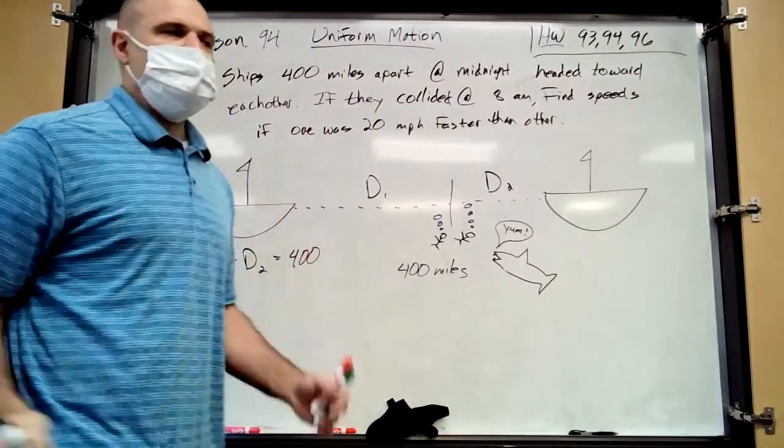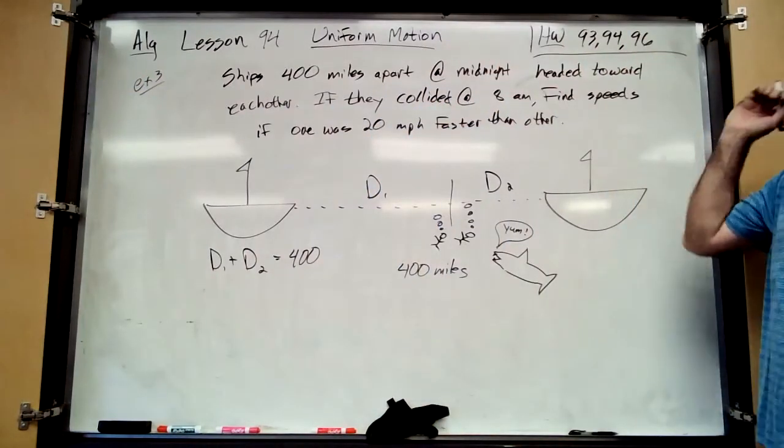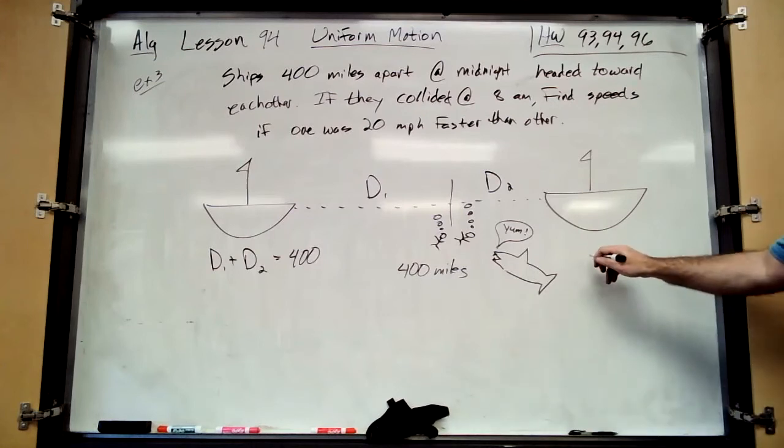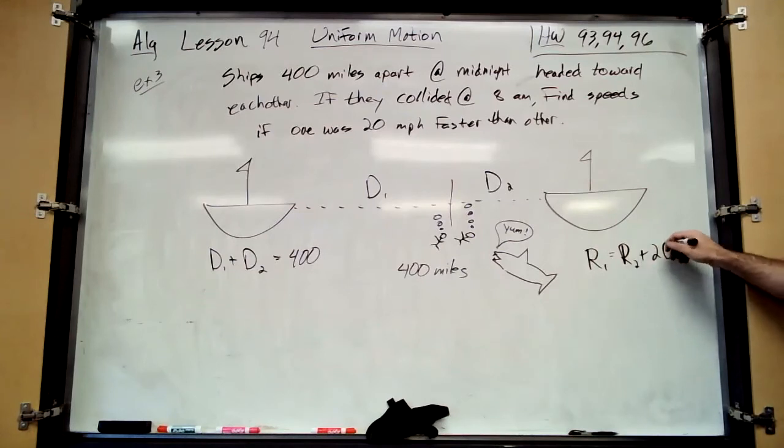All right, so let's get some R's and T's. Find the speeds if one was 20 miles per hour faster than the other. So how do you say that? How do you say one speed was 20 miles per hour faster? R2 plus 20 equals R1. Cool. Yep, that works.